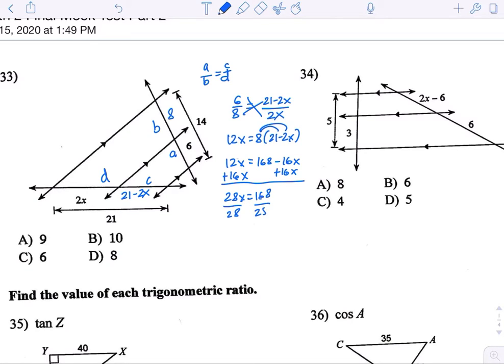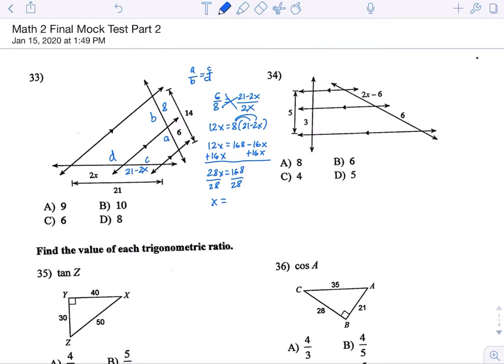Divide both sides by 28, and I think it's 6. Yep, 6. So your x value is going to be 6.